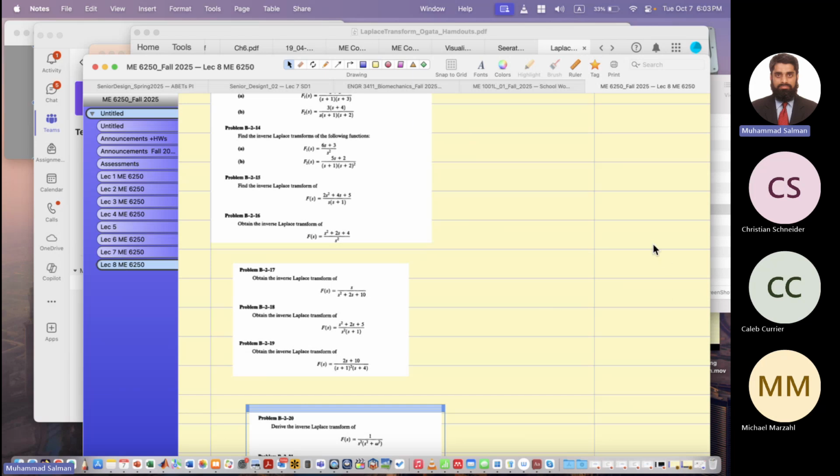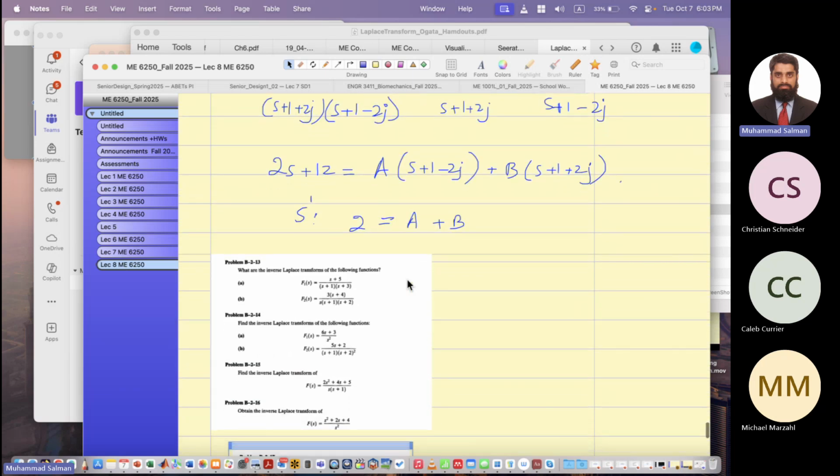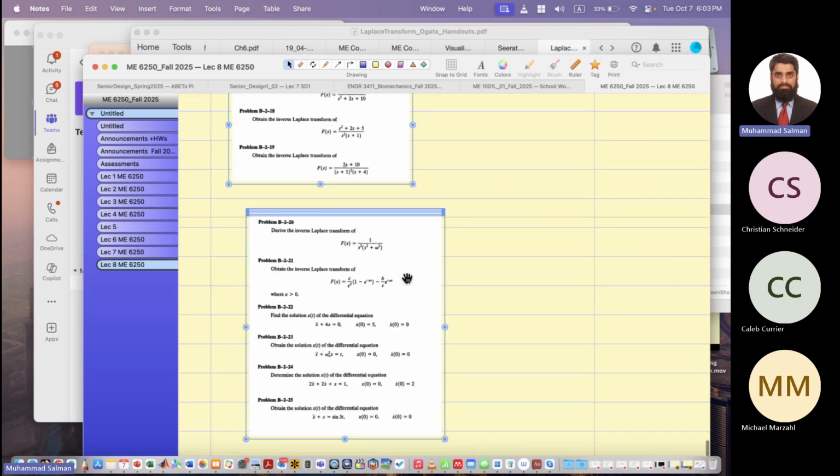Okay, these are the problems which I'm going to assign you, from 2.13 to 2.25.